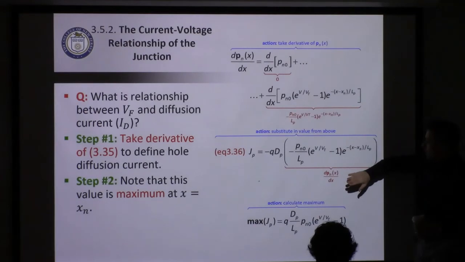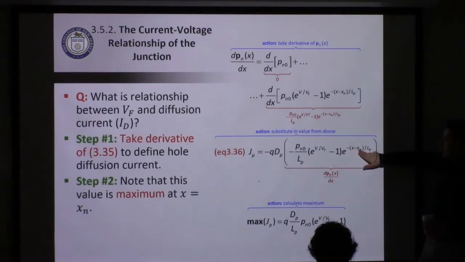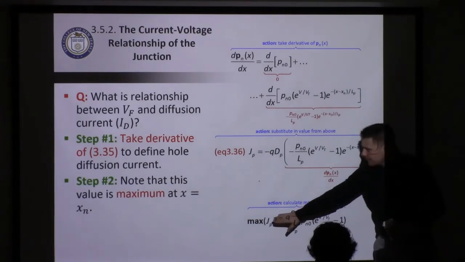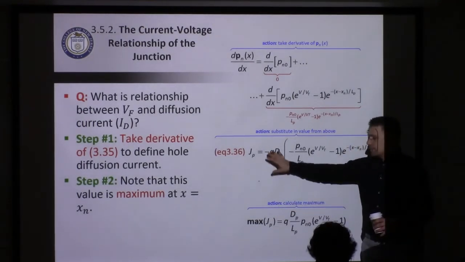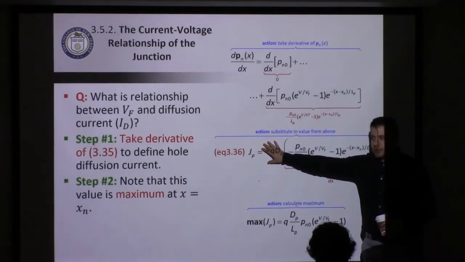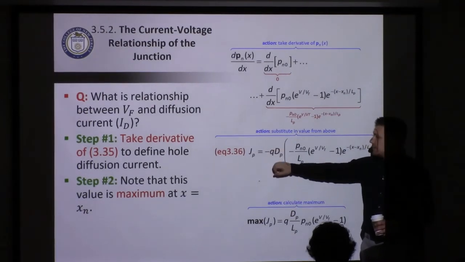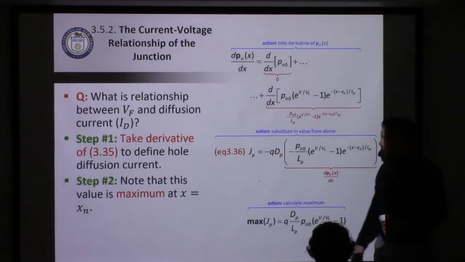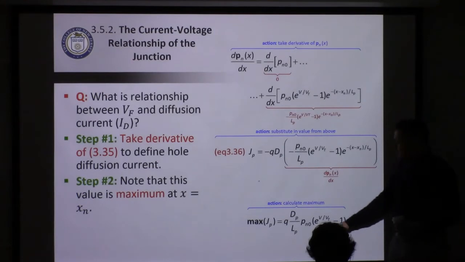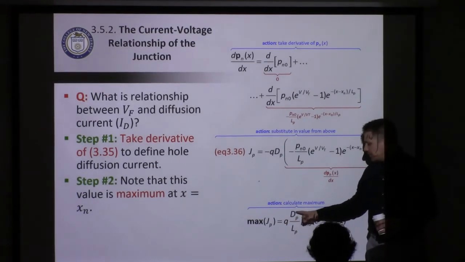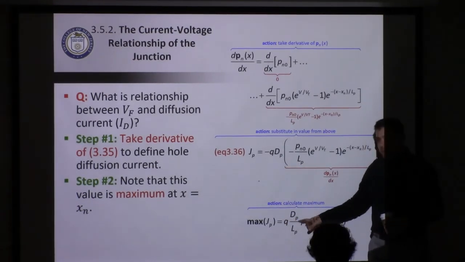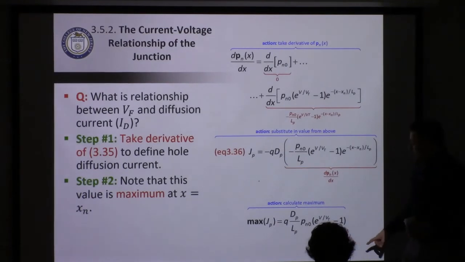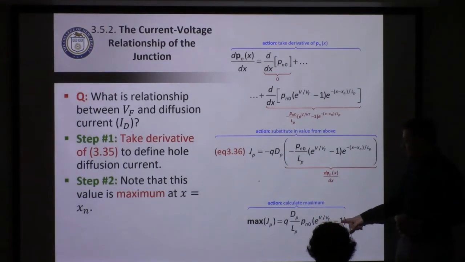So what we're going to do is substitute in an x sub n here, which will make this piece go away. So the maximum diffusion current density for the minority charge carriers on the n side, which are going to be holes, is equal to Q dp over LP, the base concentration value, times e to the v over vt minus 1.